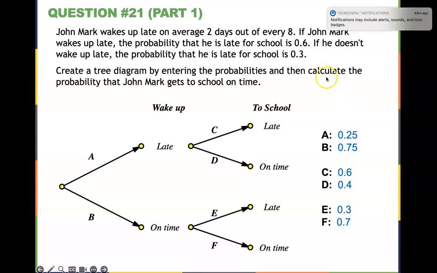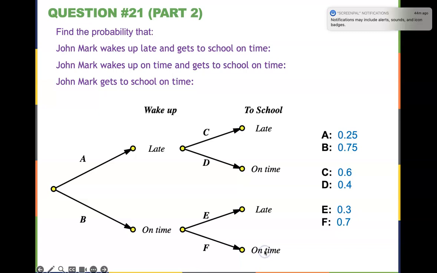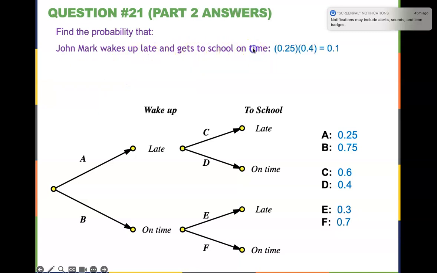So now we're trying to calculate the probability that John Mark gets to school on time. There are 2 ways to get to school on time. Wake up late and then go to school on time. Wake up on time and then go to school on time. So let's look at each of these. John Mark wakes up late and gets to school on time is going to be 0.25 from A, and then 0.4 from D. You multiply 0.25 and 0.4 together and you get 0.1.